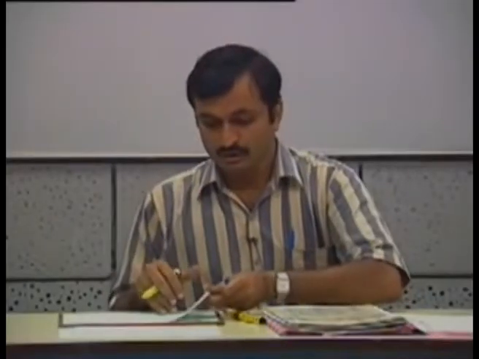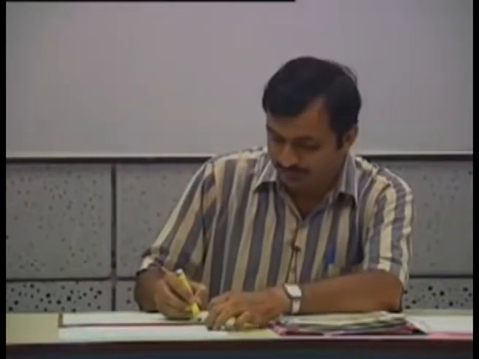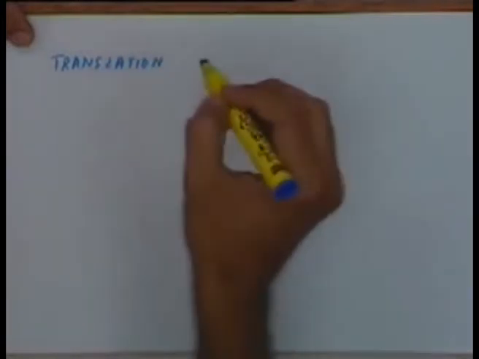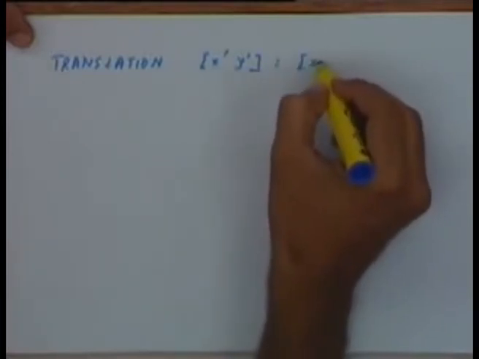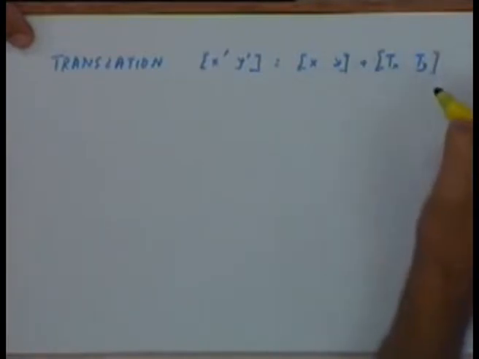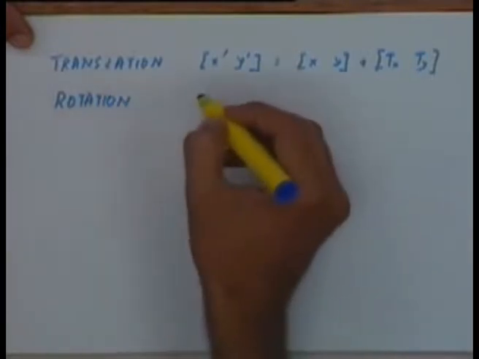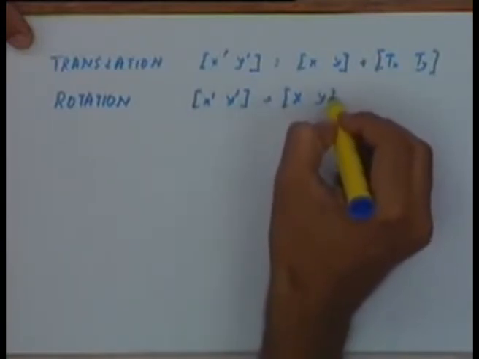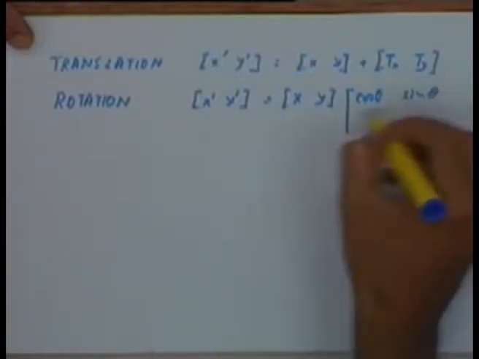So, for the four operations that we have seen, we can summarize in this manner. Translation is captured by (x', y') equal to (x, y) plus (dx, dy). Rotation is captured by (x', y') equal to (x, y) multiplied by the rotation matrix of cos theta and sin theta.